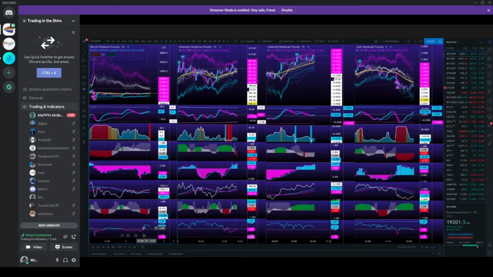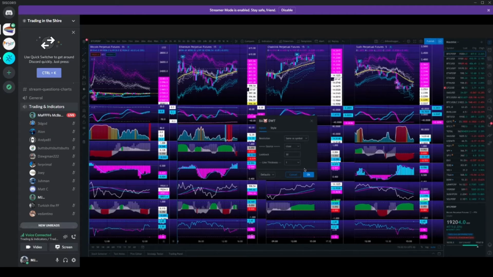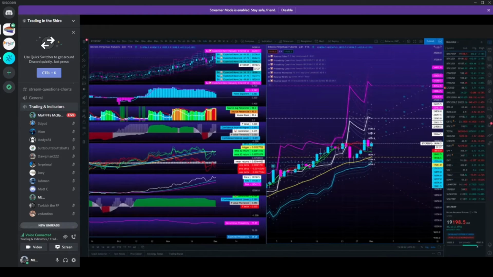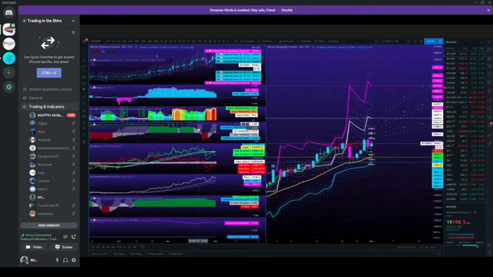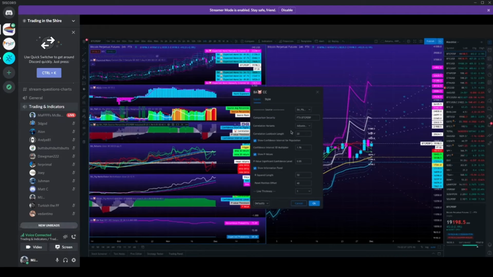But let's see. I use a 30 on DWT. But for the correlation coefficient, I use a 20.